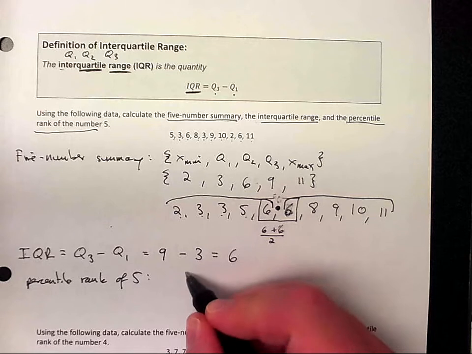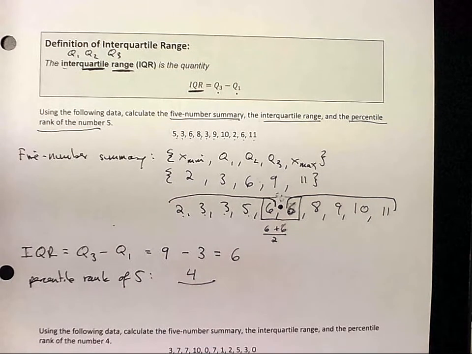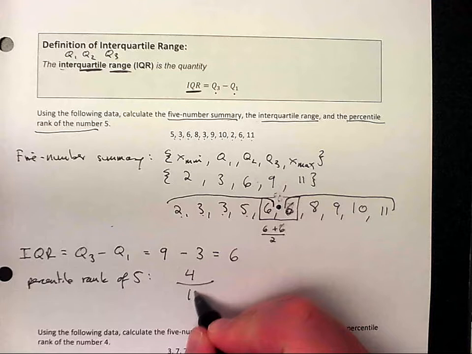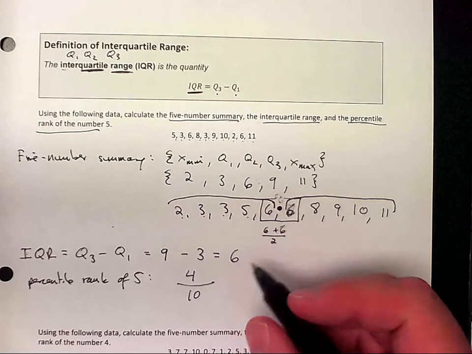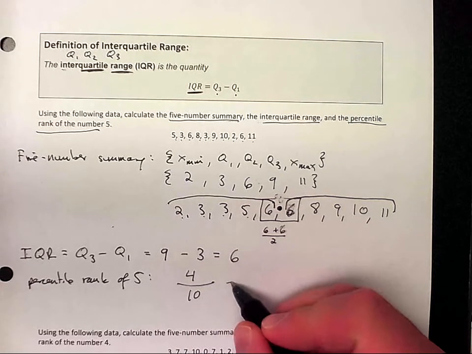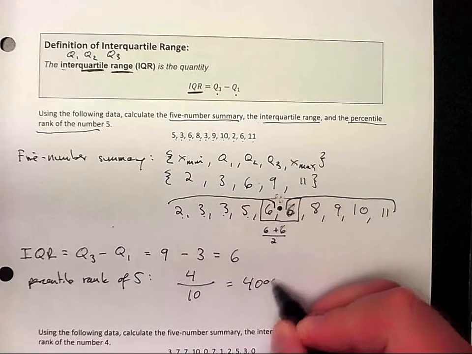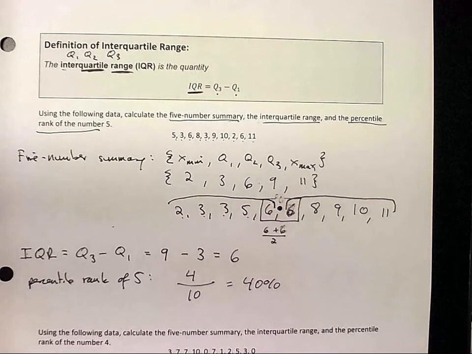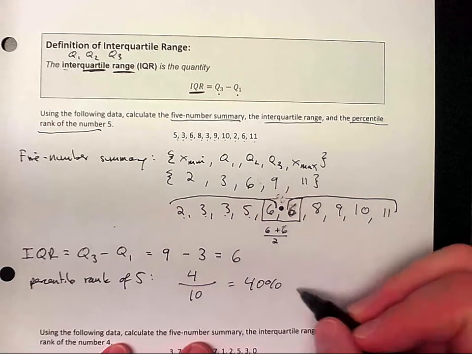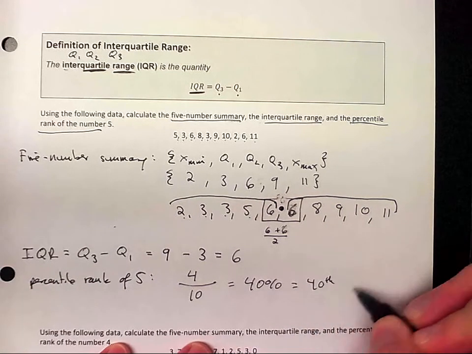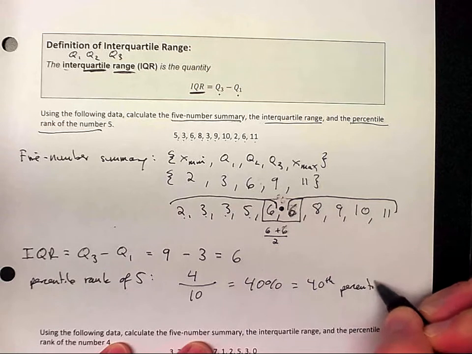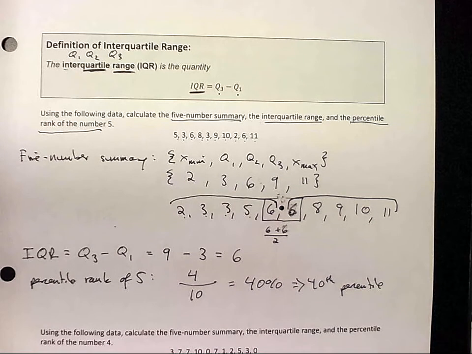How many total values do we have? 10. So the percentile of the number 5 is the 40th percentile. Is everybody good with that?